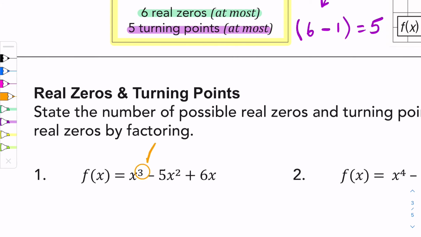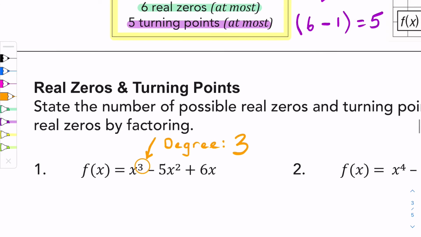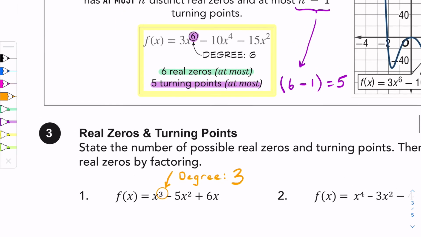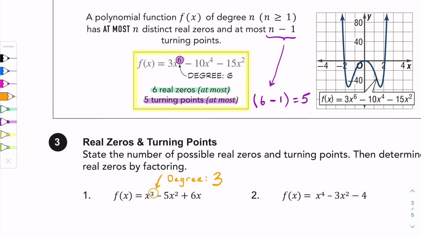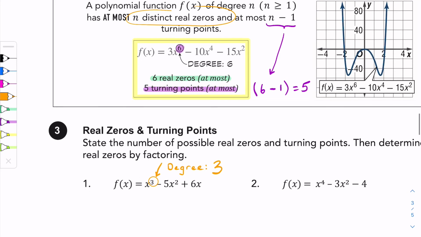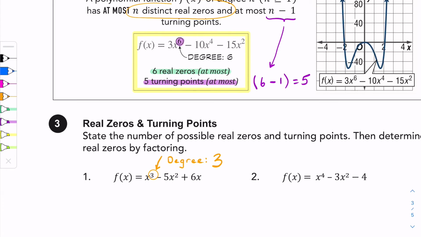Remember, the degree is always the highest exponent. So if the degree is 3, the number of real zeros that occurs is equivalent to the degree. That's written right here. If the degree is 3, then there can be a maximum of 3 zeros.